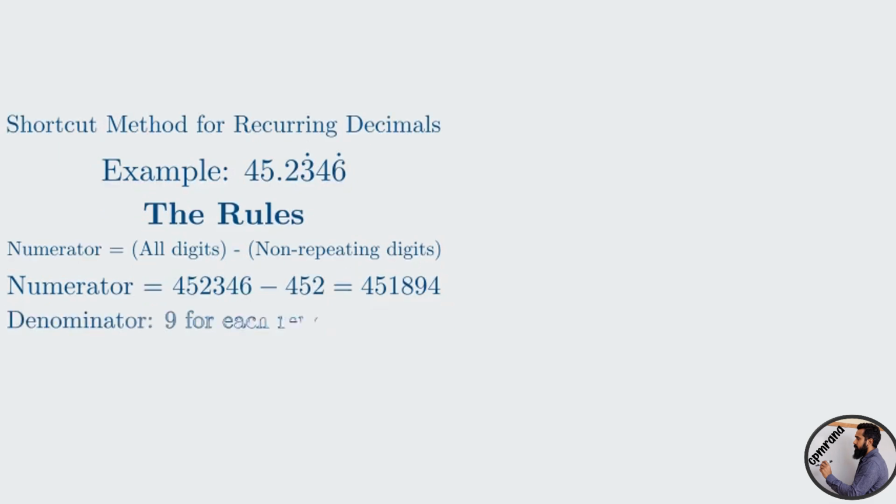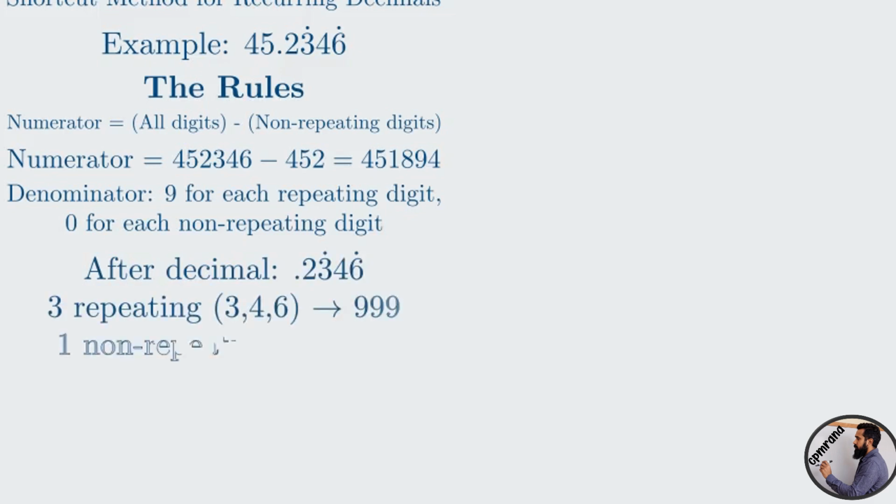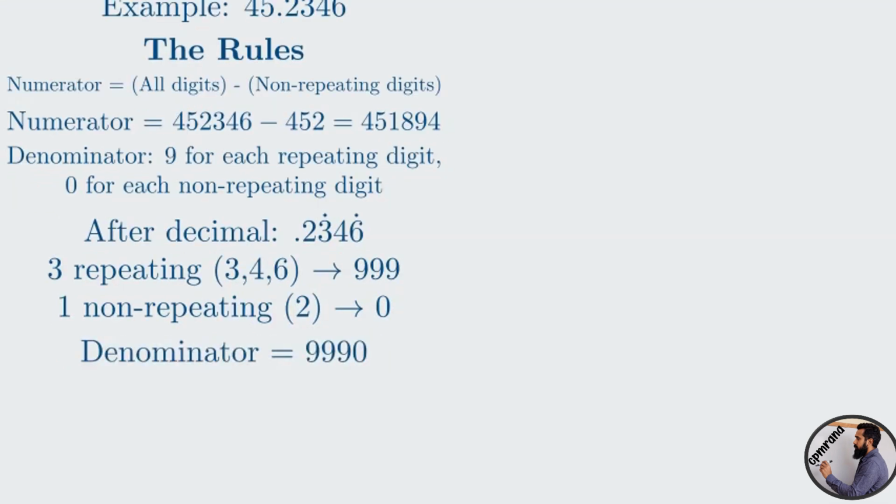This gives us 451,894. For the denominator, we look only at the digits after the decimal point. We write a 9 for every recurring digit and a 0 for every non-recurring digit. Since there are 3 recurring digits and 1 non-recurring digit, we write 3 9s followed by 1 0. So, our denominator is 9,990. Let's put it all together.